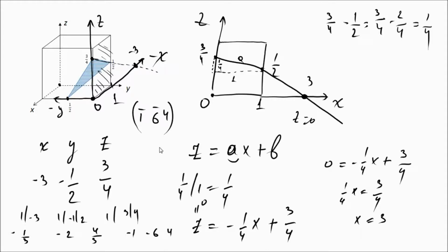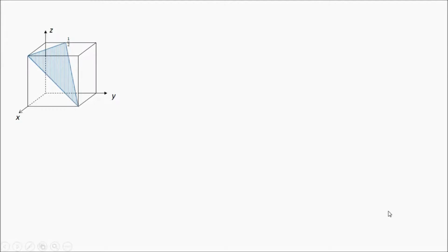That's it. Now for this one, I will choose this point as an origin because I see that if I draw axis system, this is positive y which intersects plane at 1/2.